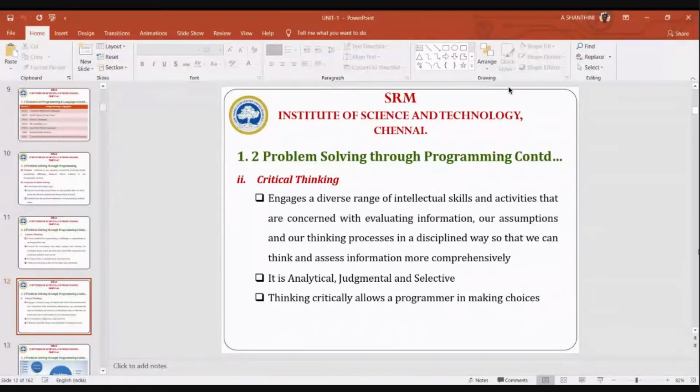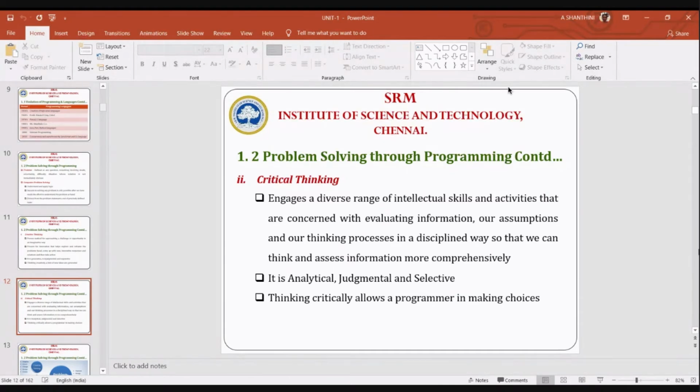Suppose in a hospital, they have a token system wherein you get a token and wait for your turn to meet the doctor. If a patient comes with an emergency or a critical condition, in that case it is the duty of the nurse or the people involved in the administration side to make the remaining patients wait and take immediate action, taking the emergency case to be attended first.